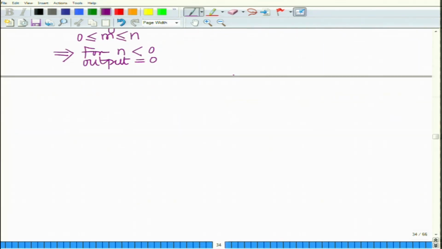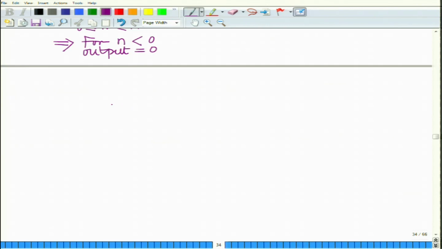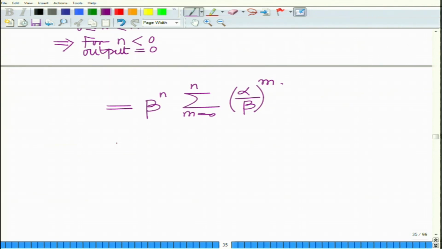Now, we simplify this further. If you bring beta to the n outside, I can write this as beta to the n times the summation m equal to 0 to n of alpha over beta to the power m.